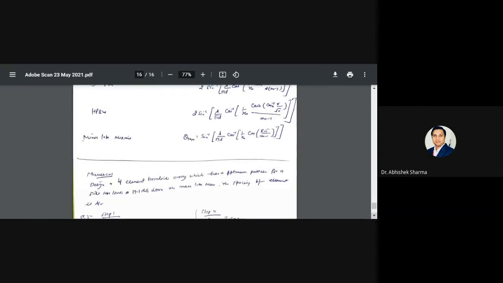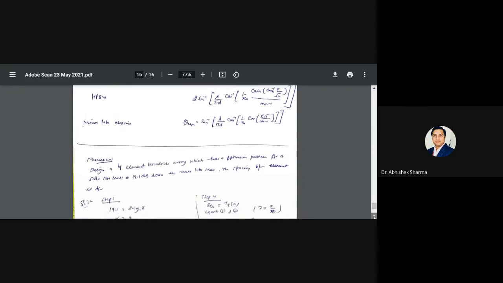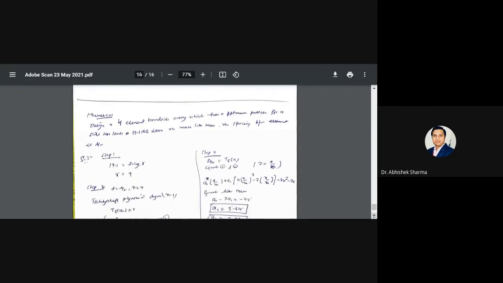Now, let me take a numerical so that you can understand how it is going to come in the examination. So, numerical is: design a 4-element broadside array which has an optimum pattern for a side lobe level that is 19.1 dB down the main lobe maxima.